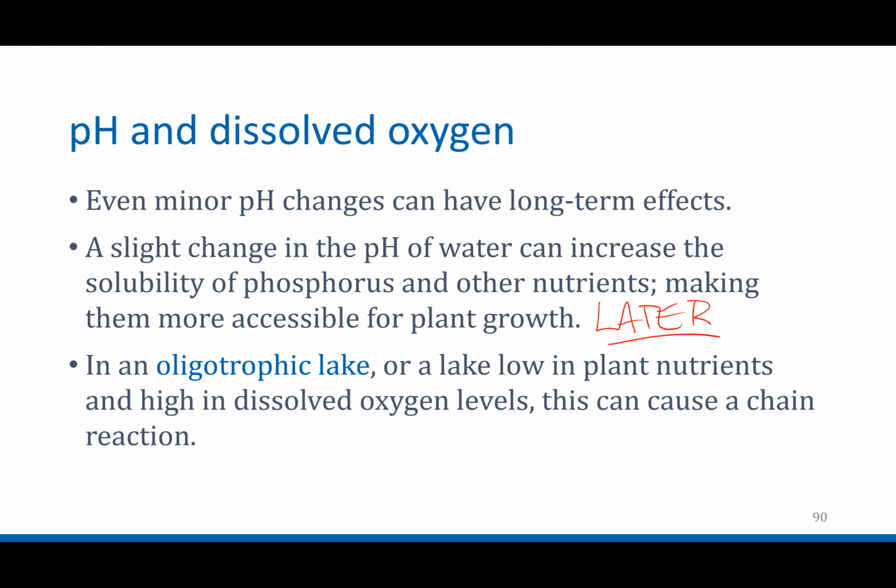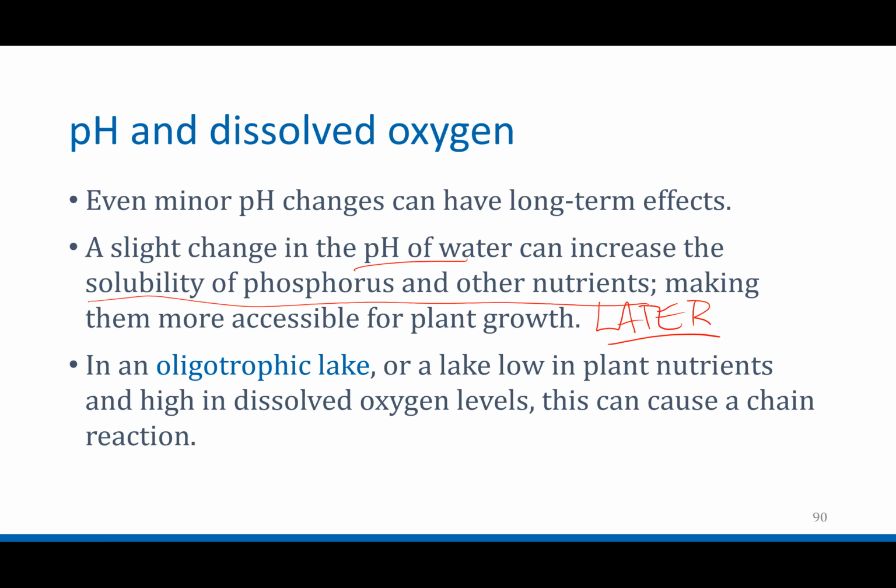When you mess with the food web, it can have really bad effects for other things and really good effects for some other things. So if the changes in pH make phosphorus, the food of plants, a little more soluble, I call it plant food, I mean nutrients, plants can grow.